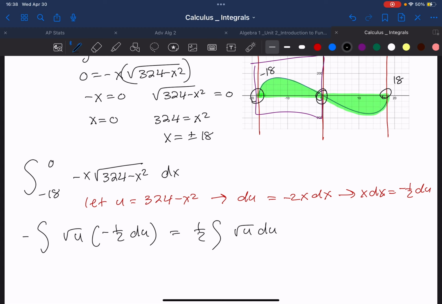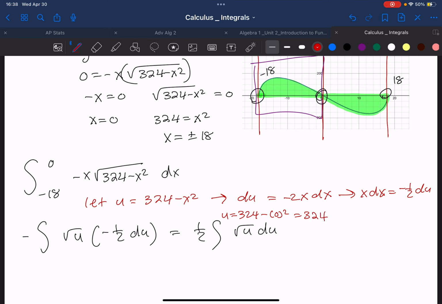Okay. Which means now that everything is in terms of u, I'm going to have to make my intervals in terms of u. And I know u is equal to 324 minus x squared. So this is going to be u is equal to 324 minus 0 squared, which gives me 324.